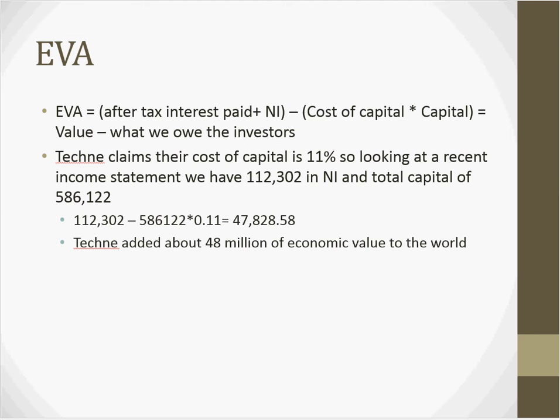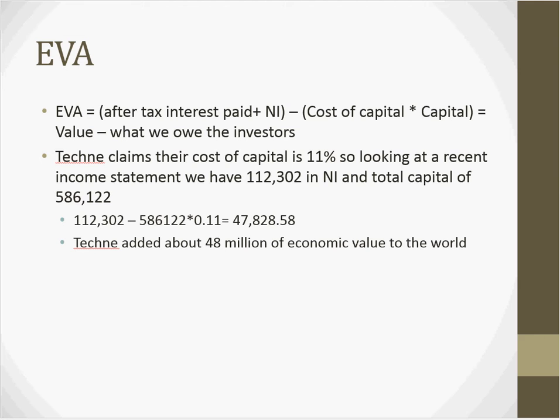So this is a company that takes capital and uses it to produce more value than you would expect given the risk level. And those are attractive companies to be investors in, right? Because you get a higher return than your risk would indicate.